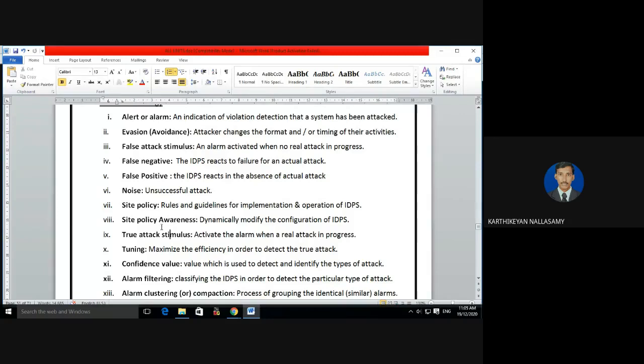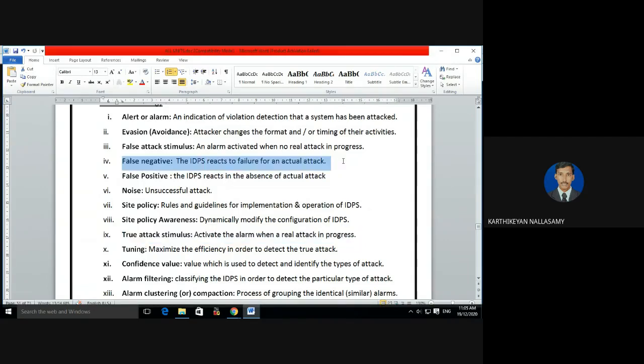And there is one more thing you must know. These are the three or four important properties you must understand. They characterize the concept of an IDS system. A false attack stimulus is when the alarm is activated but there is no real attack. An alarm activated for a real attack is a true attack stimulus.